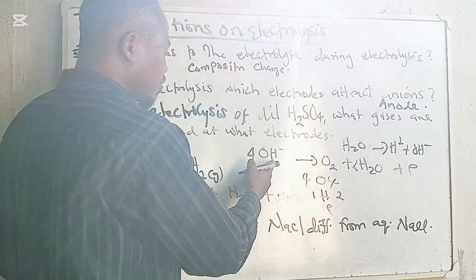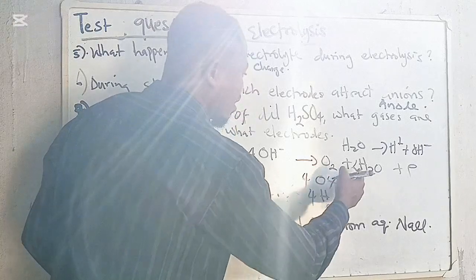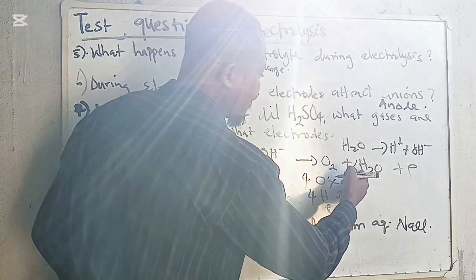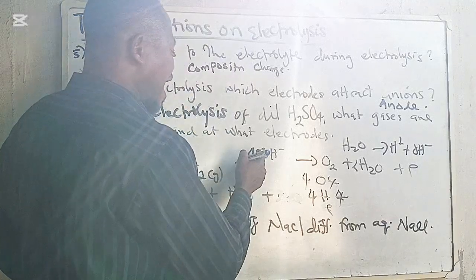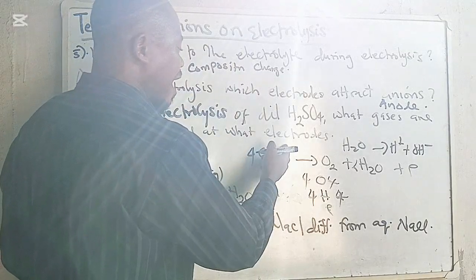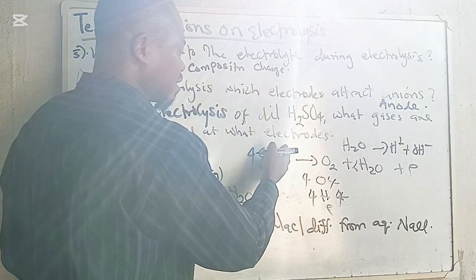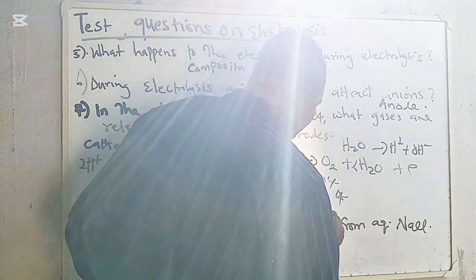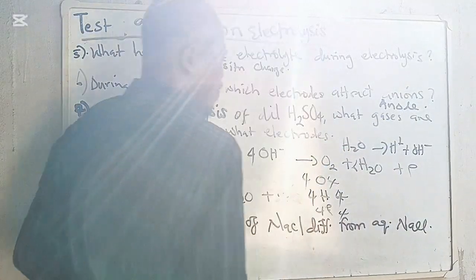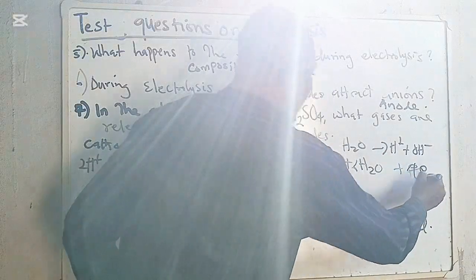Now I have 4 hydrogen on this side. So now here is 4. And here on this side, I have 4 hydrogen, 2 times 2. Here is balanced. Now here I have 4 electrons. So it will be releasing 4 excess electrons. So to balance it, here I'll have 4. So here it's going to be 4 electrons.